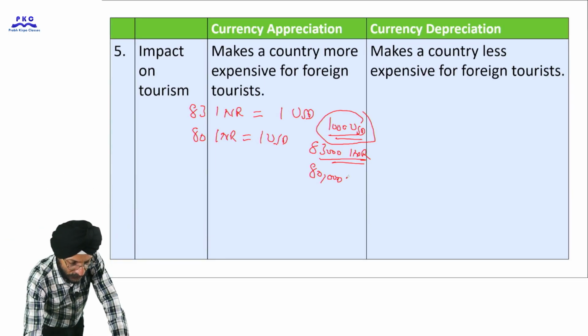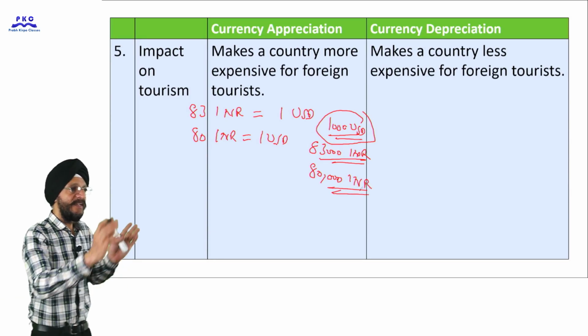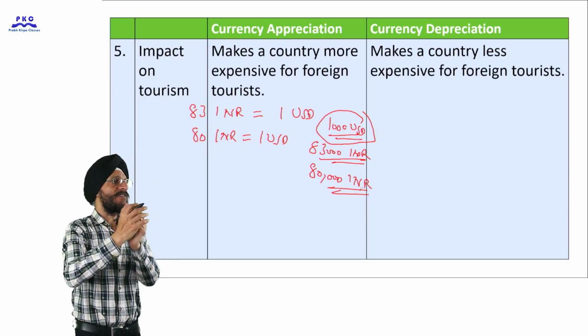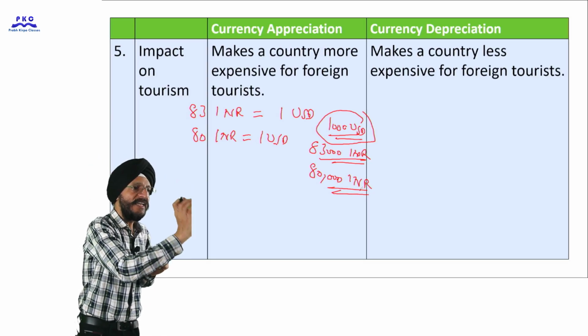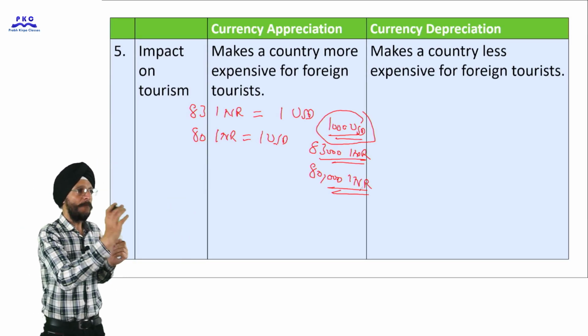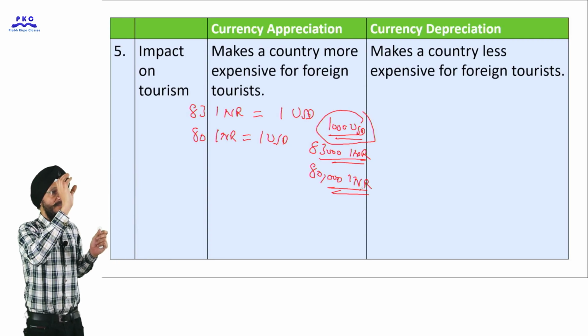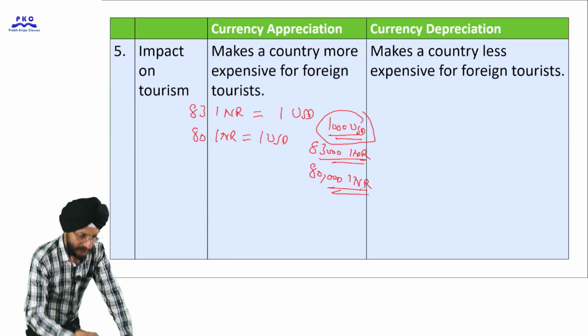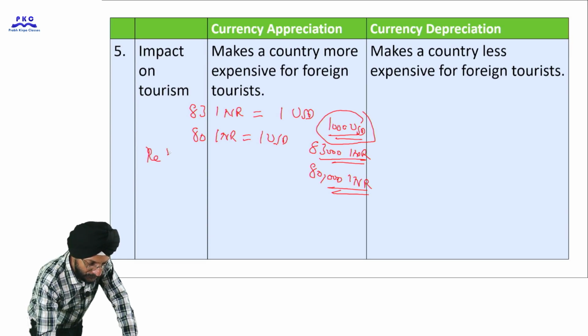He will get only 80,000 Indian rupees. That is, in return for the same amount of US dollars, the US citizen will get less Indian currency when converted. So if there is currency appreciation in any country, it reduces inbound tourism.